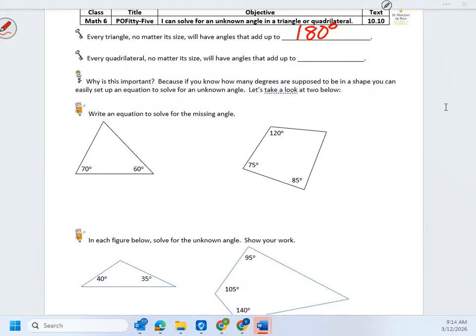Now, a quadrilateral is a four-sided figure. So every three-sided figure is a triangle. Every four-sided figure is called a quadrilateral.